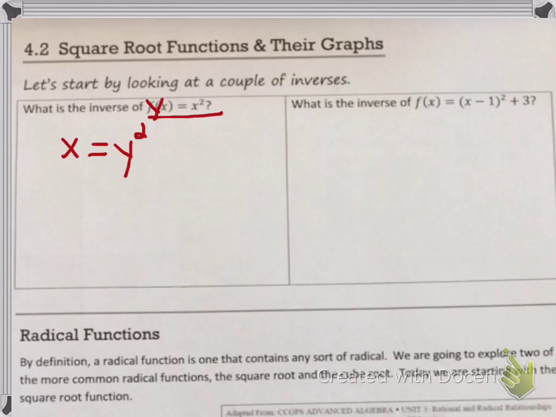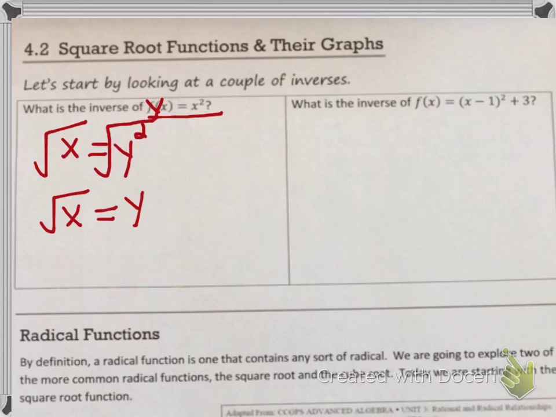Then the last step is to resolve the equation for y. I need to get y by itself again, and the y has a squared term on it. In order to get rid of a squared, I do the inverse operation, which is square root. So I get the square root of x on one side, and the squared and the square root cancel each other on the other side to get y.